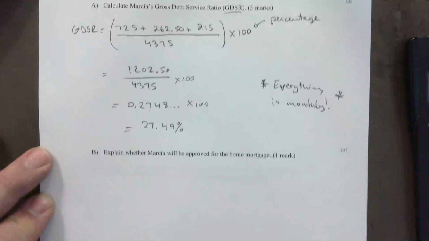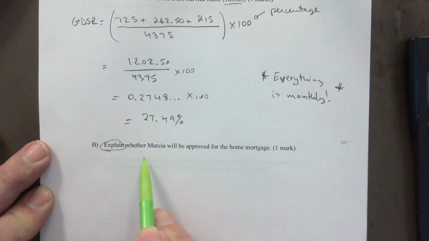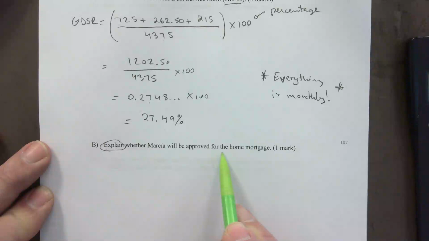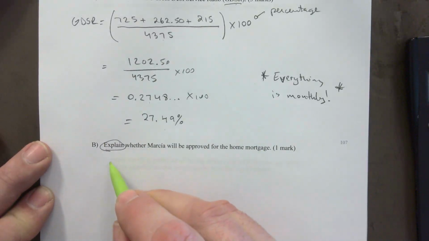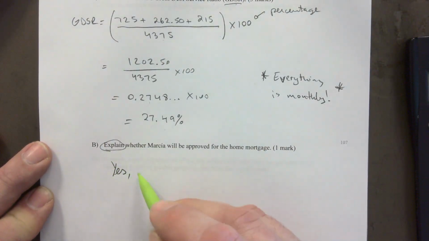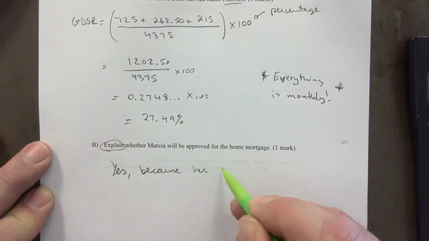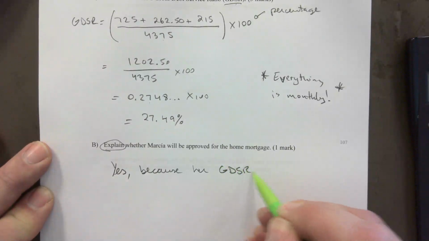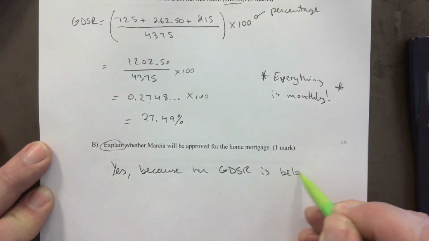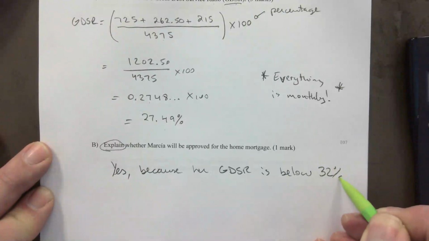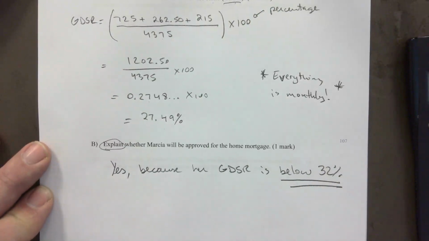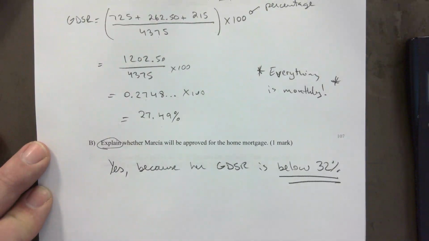Explain whether Marcia will be approved for the home mortgage. And you have to say yes because her GDSR is below 32%. You have to mention that if you want to get the marks there. It says here, note to marker, and my key, students must refer to 32%.